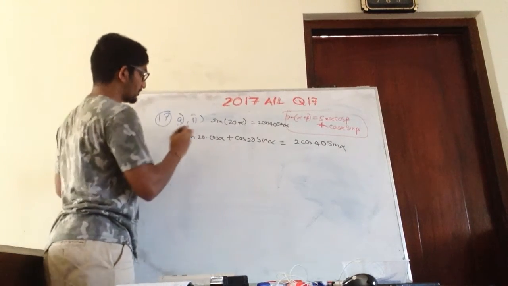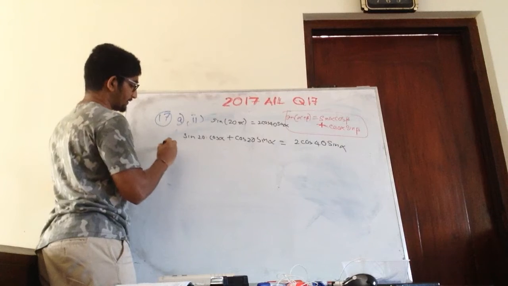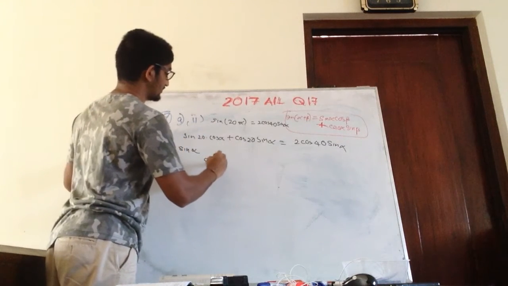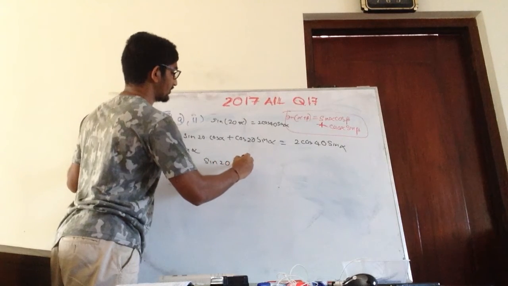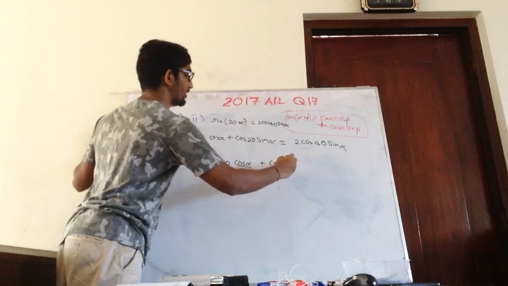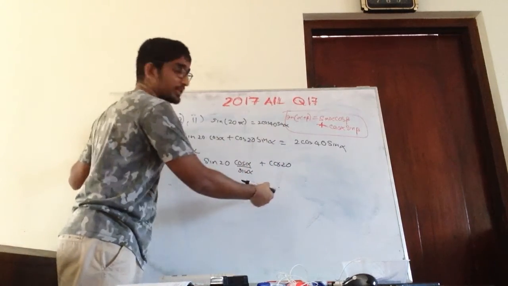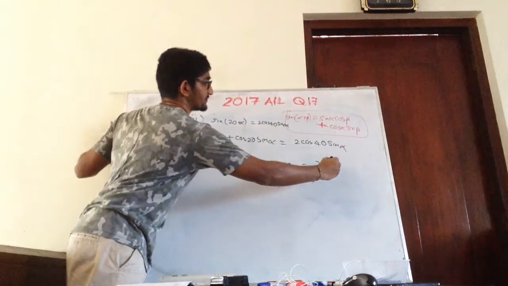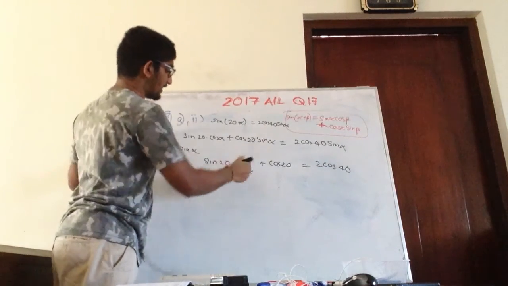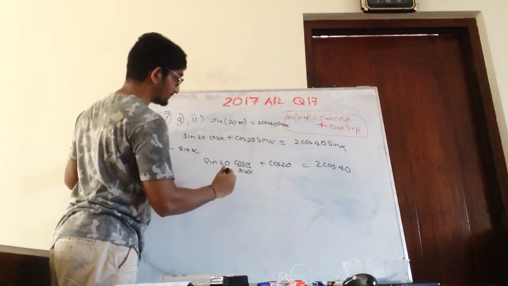Right? So I am going to do division by sine alpha. That is sine 20 cos alpha over sin alpha plus cos 20. So sin alpha will be cut off. So again sin alpha will be cut off. So now I will get a cot alpha here, right?